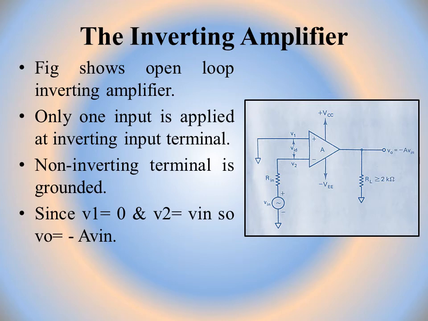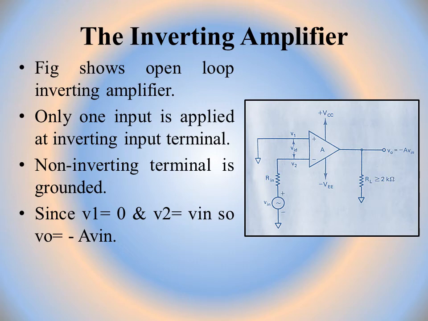Since V1 is grounded, V1 is 0 and V2 is equal to VIN. So according to the equation, the output voltage V0 will be equal to minus A VIN, because we write V1 minus V2, where V1 is 0 and V2 is VIN.